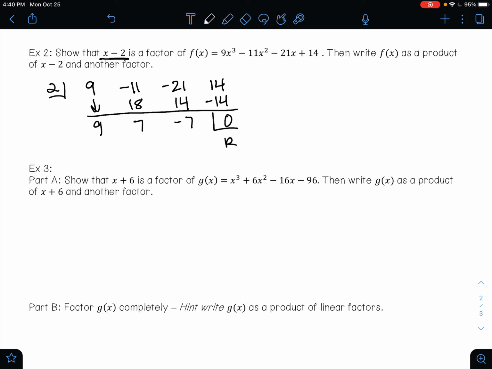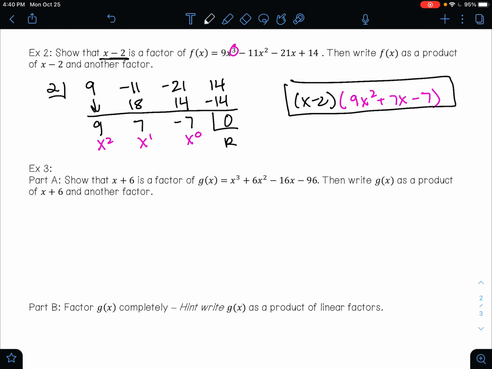So if x minus 2 is a factor, then our other factor comes from our answer. We started with x cubed, so my answer is going to begin with x squared. So the other factor is 9x squared plus 7x minus 7. This entire thing, these two factors, are my answer.